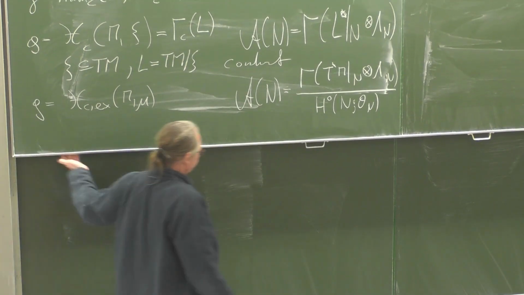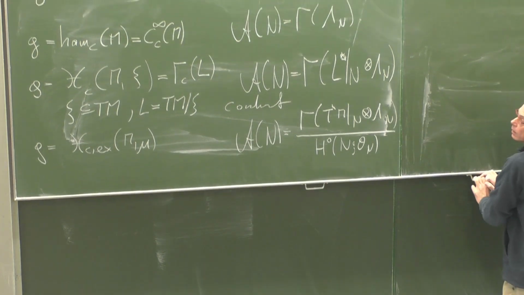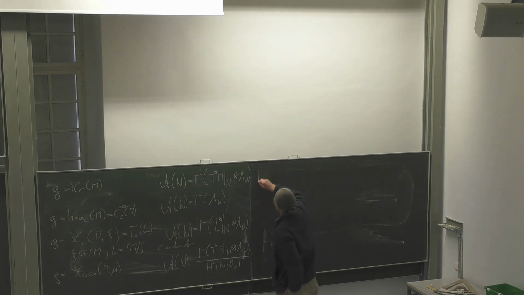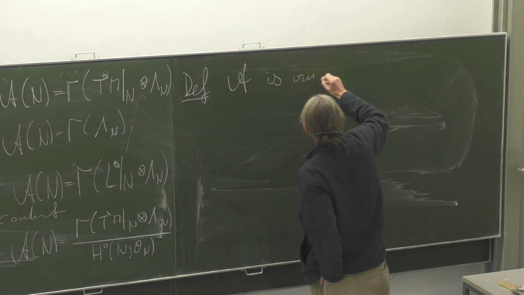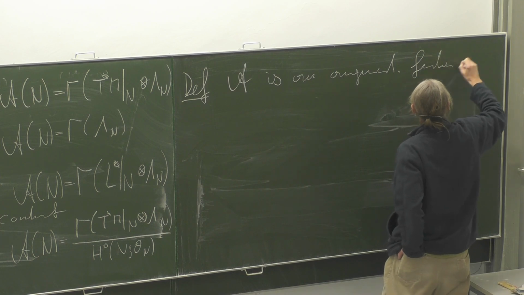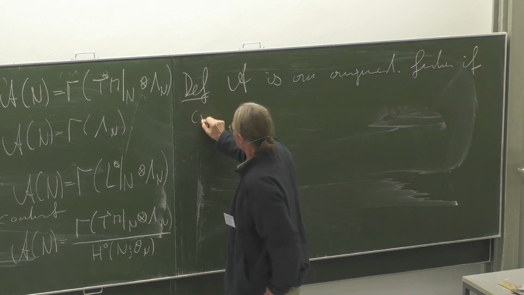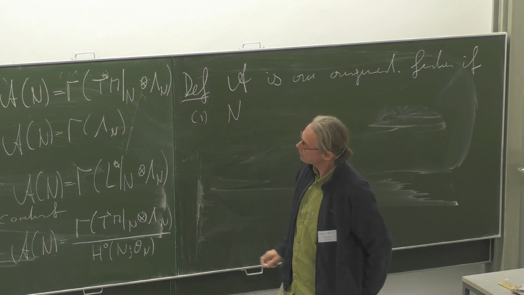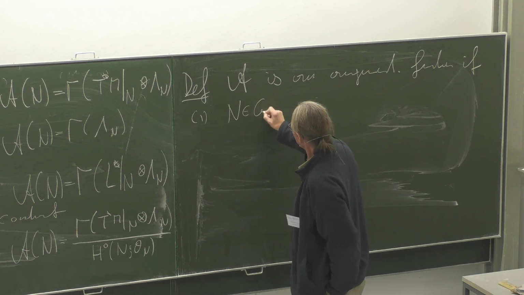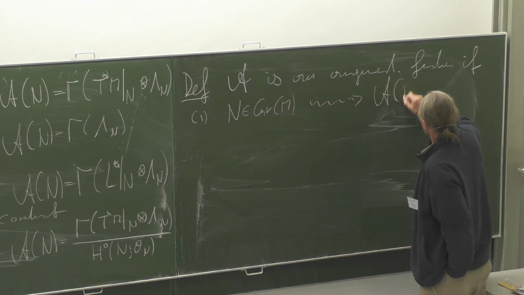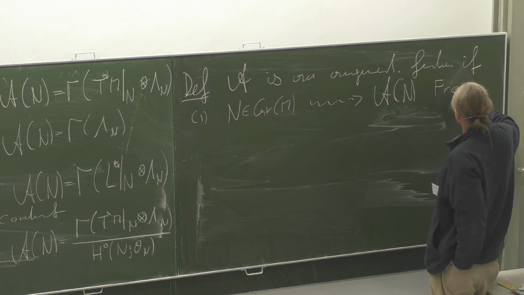So in the general picture, for the definition, we say A is an augmentation functor if, well, there are three properties. First, it should assign to each N in this nonlinear Grassmannian a space A of N, and that is assumed to be a Fréchet manifold.